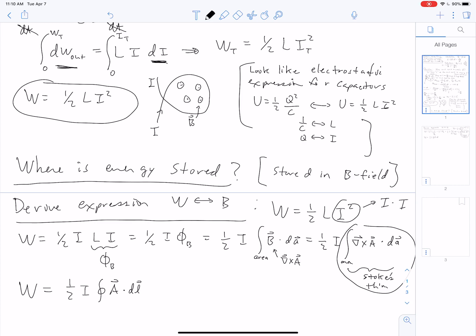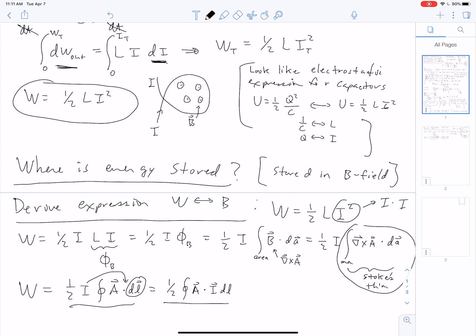Now what I can do is I can bring this I in here, and I can rewrite this as 1/2 times the integral of A dot I, the vector, times dl, the scalar, where I'm basically taking the direction unit vector out of the dl, and I put it into the I. So this is something we've done before, so that's not too complicated.